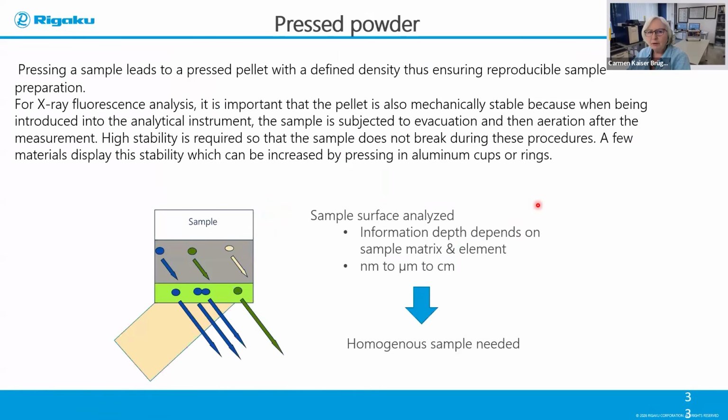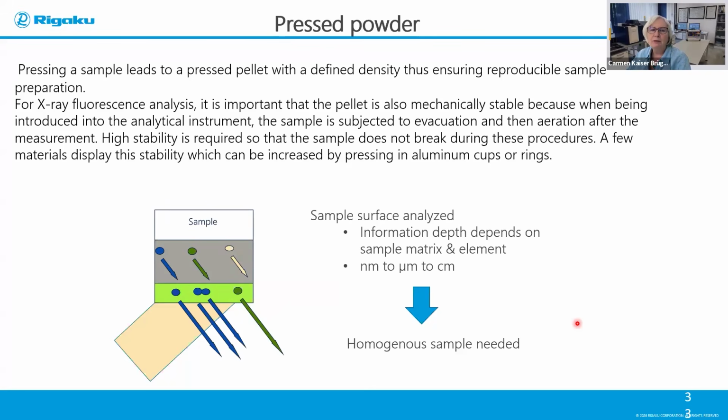So I spoke a little bit about having an infinitely thick sample. So we need to make sure that our pellet is a well-defined density, ensuring that we get a reproducible sample preparation. And most importantly, the pressed powder should be mechanically stable and not breaking in any way.